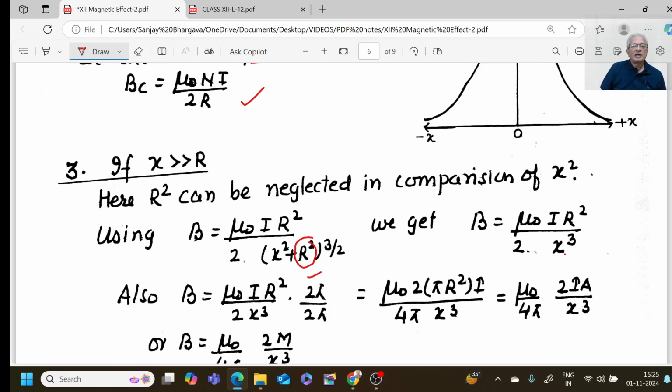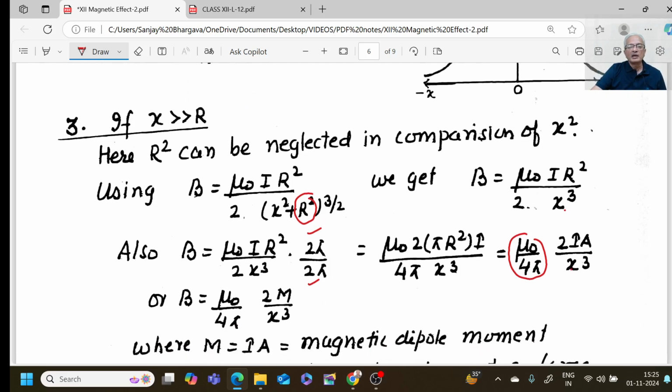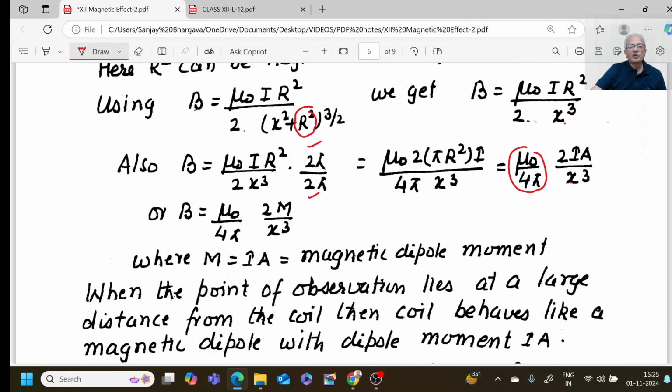You can multiply and divide by 2π, so it would be μ0 2 into πR square into I upon 4π x cube. So the constant is μ0 upon 4π, twice IA upon x cube, which can be written as B equal to μ0 upon 4π 2m upon x cube, where m is I into A, called the magnetic dipole moment.